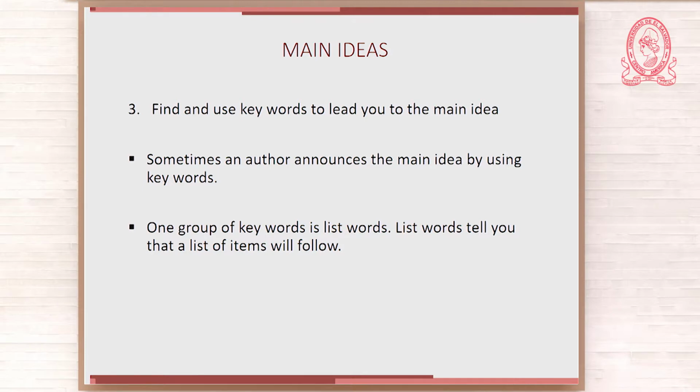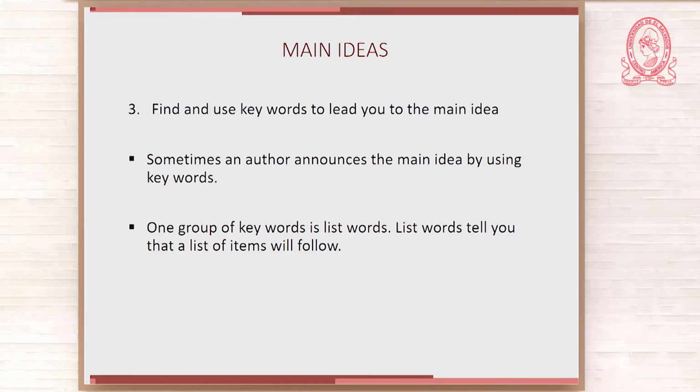Let's finish with the third strategy. Find and use keywords to lead you to the main idea. Sometimes an author announces the main idea by using keywords. One group of keywords is list words. List words tell you that a list of items will follow.